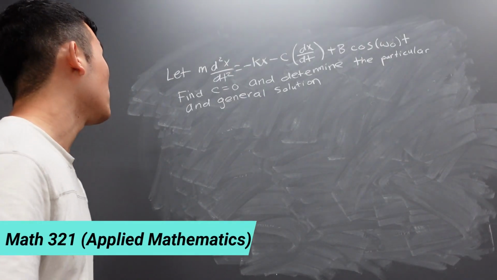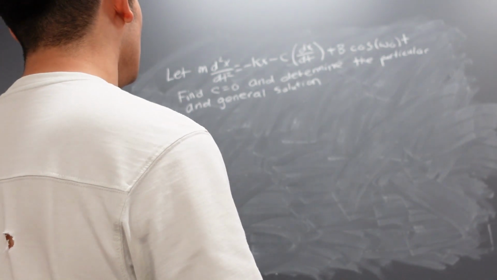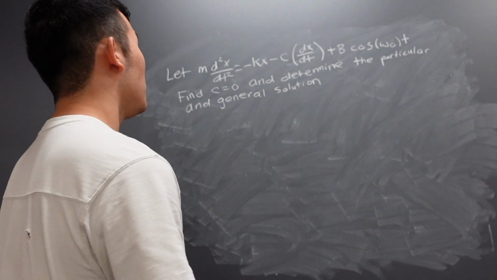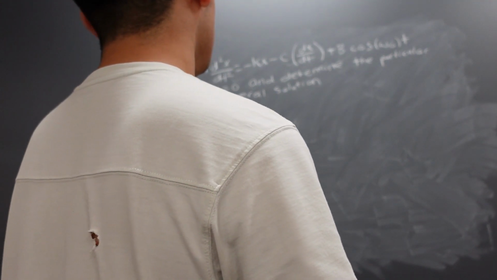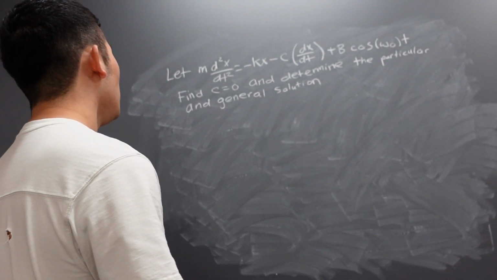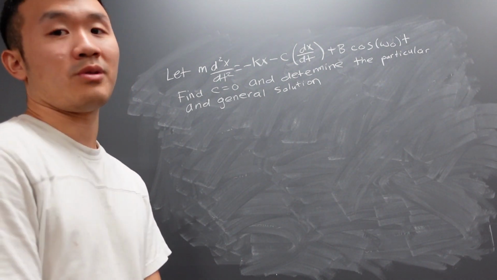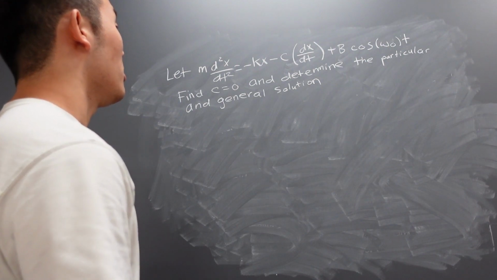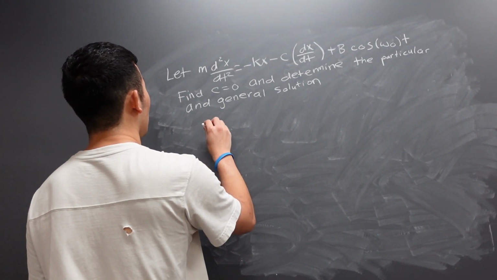So in this next problem here, let m times d squared x over dt squared is equal to negative k times x minus c times dx/dt plus b times cosine of w0 t. And we need to find c is equal to 0 and determine the particular and general solution for this equation. So let me find c is equal to 0.